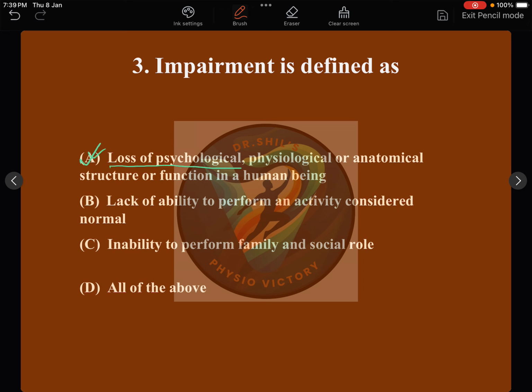Loss of psychological, physiological, or anatomical structure or function is called impairment. Lack of ability to perform an activity considered normal is basically called disability.